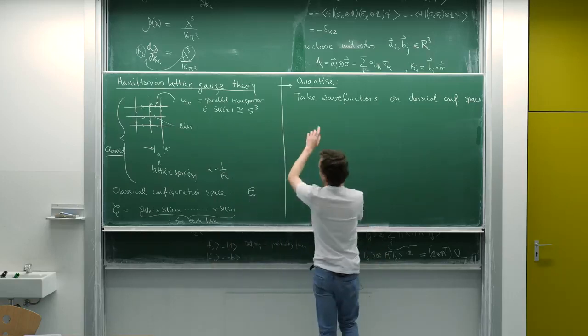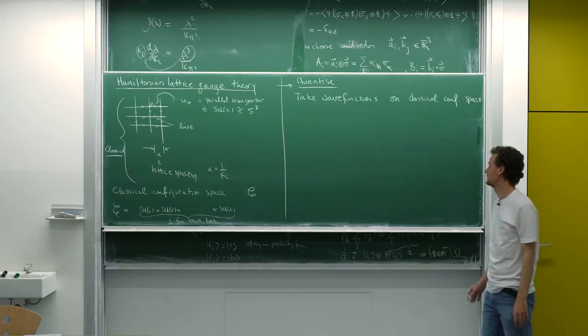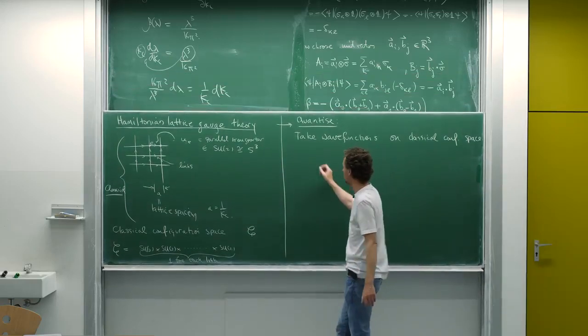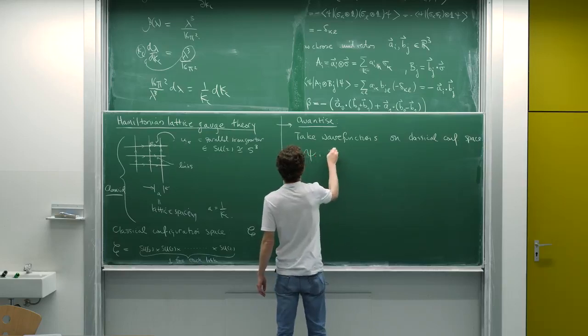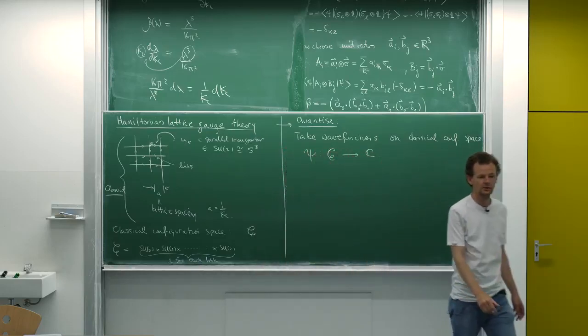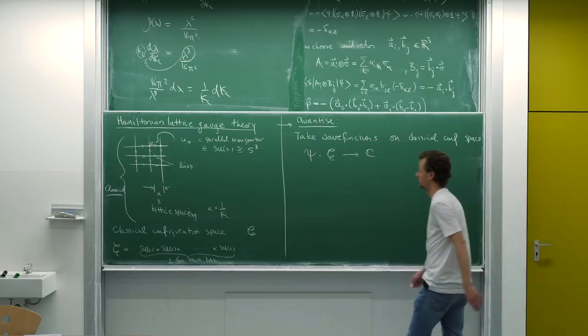And, well, to quantize a theory that's got a classical configuration space, the simplest thing you could do, the thing that you would learn in Quantum Mechanics 101, is to take the kinematical Hilbert space to be the space of all wave functions on this classical configuration space.